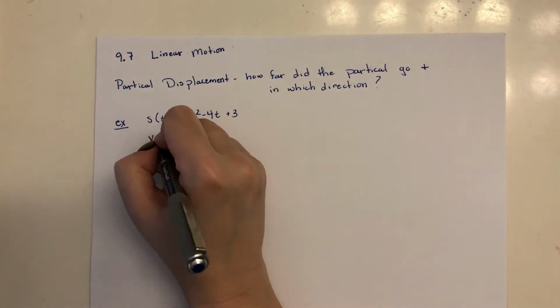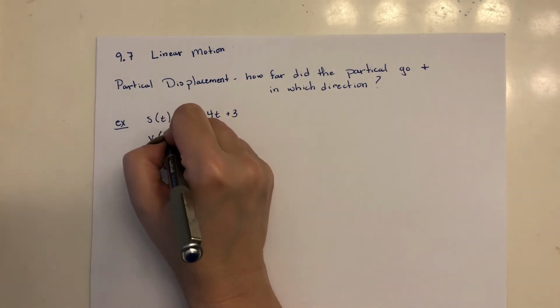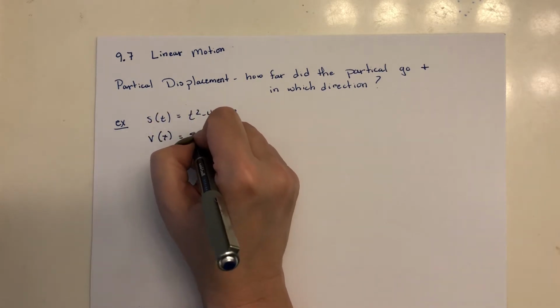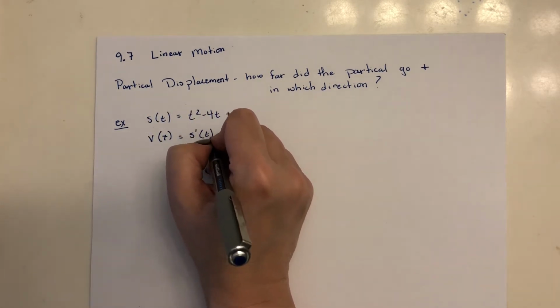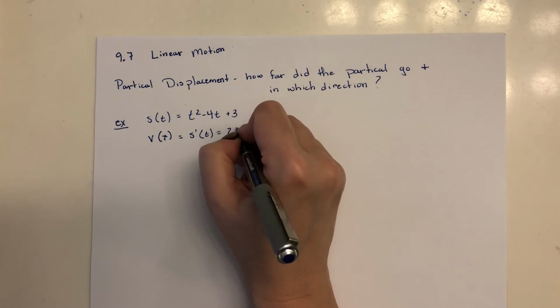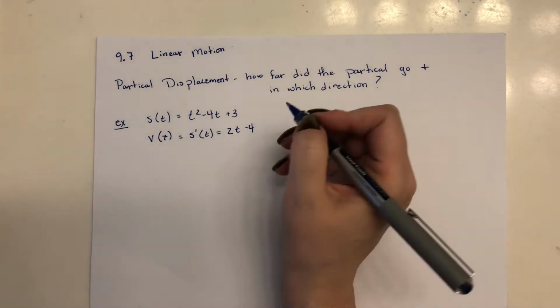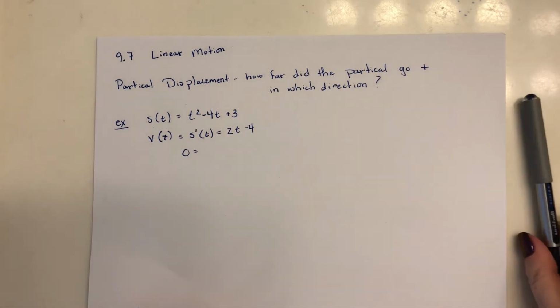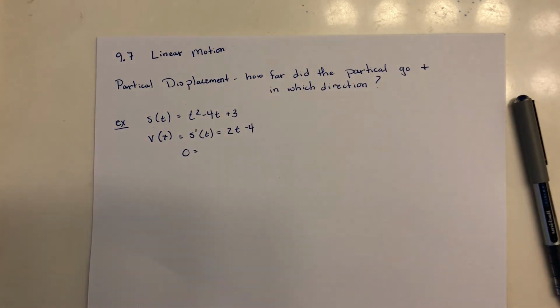So I'm going to find the first derivative of the s function, which is 2t minus 4. I'm going to set that equal to 0, and when I set that equal to 0, that is going to tell me exactly which way my particle is going to go.